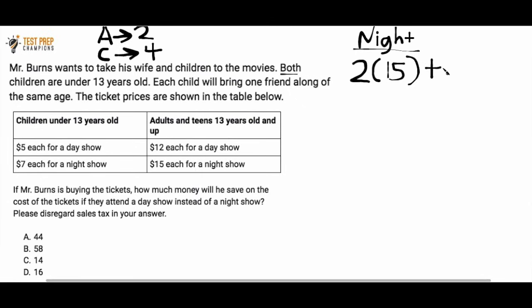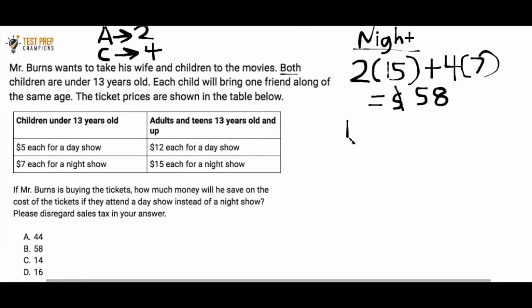So how much does he have to pay for the children? Well, think about it. There are 4 kids that he's going to be taking to the movies, and the cost for one kid would be $7. All right, so we would do 7 times 4 here. And if you just plug this all into your calculator, you'll see that the cost for a night show is going to be $58.